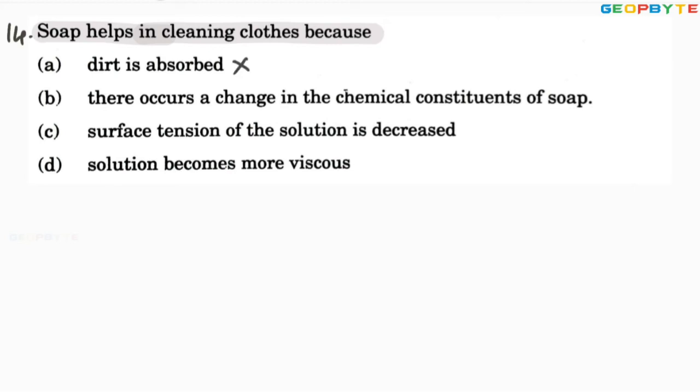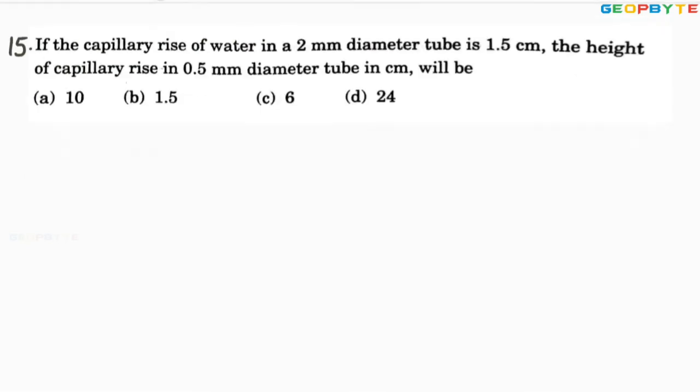No. Option B: there occurs a change in chemical constituents of soap. No. Option C: surface tension of the solution is decreased. Absolutely correct. By adding soap or soap powder, the surface tension of the resultant liquid decreases. I hope you got my point. Let us take one more problem.